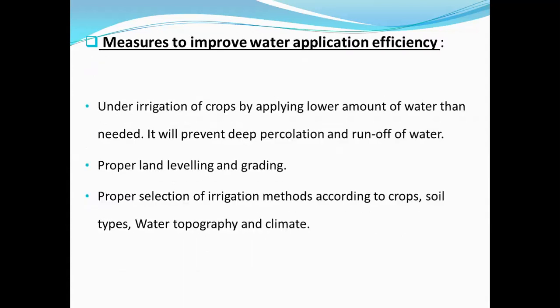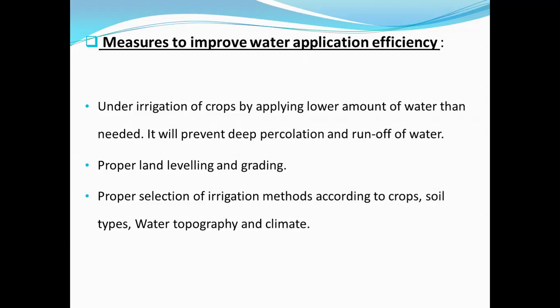Now, to improve water application efficiency, there are a few points to understand, right? First, under-irrigation of crops, by applying a lower amount of water than needed, will prevent deep percolation and runoff of water. Second, proper land leveling and grading is necessary. Third, proper selection of irrigation methods according to the crops, soil types, topography and climate conditions, right?